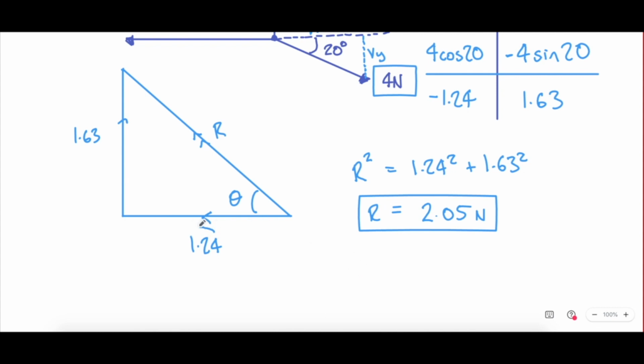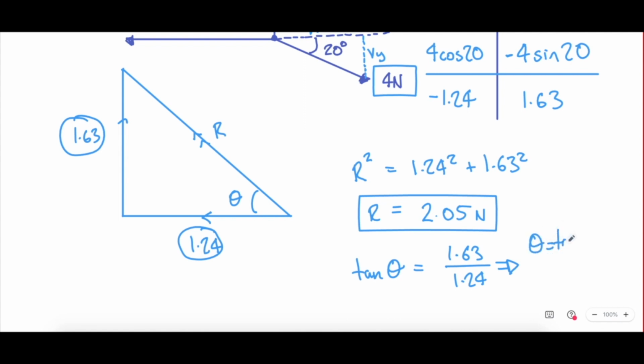And to find the direction, then you need to use trig. We've got opposite and adjacent. So this is adjacent and this is opposite. So it's going to be tan. So you can say tan theta is equal to 1.63 divided by 1.24. And to work out theta, you rearrange that. So theta is equal to tan inverse of 1.63 divided by 1.24.